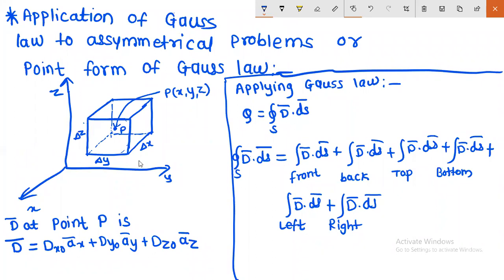Okay, clear? Have you written it down? Okay, I'm erasing the part.